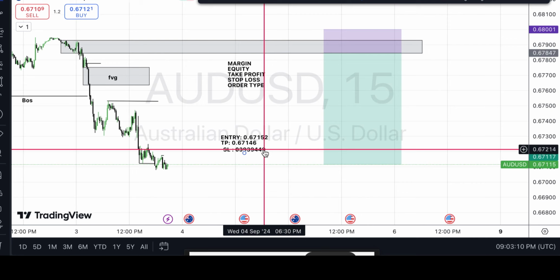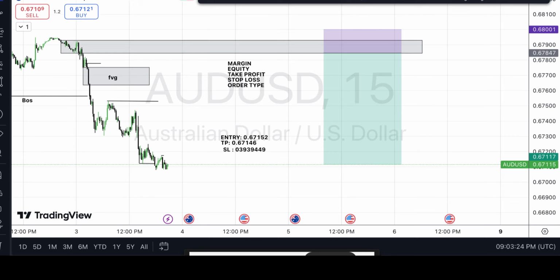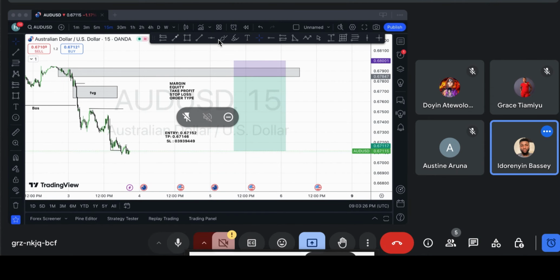So I'm also going to talk about the importance of stop loss. Stop loss is very important because of risk management. I always say this.